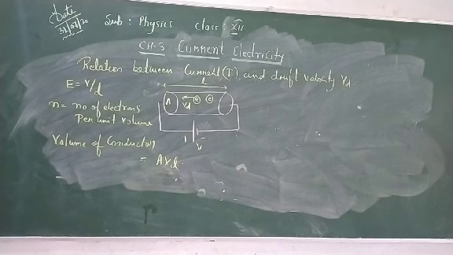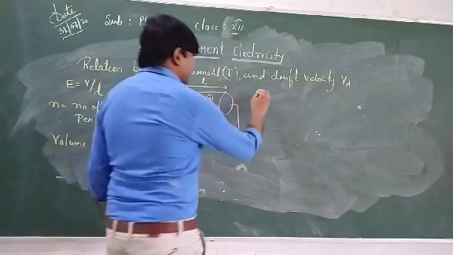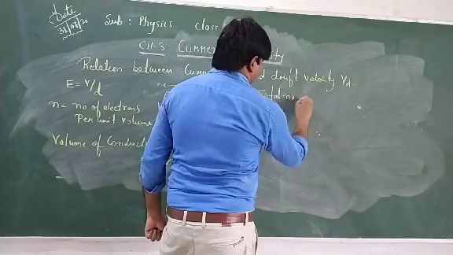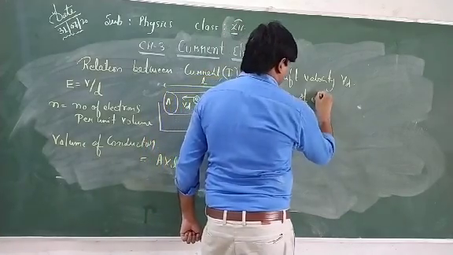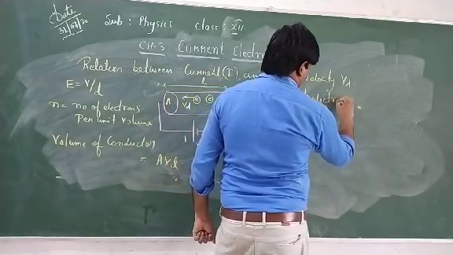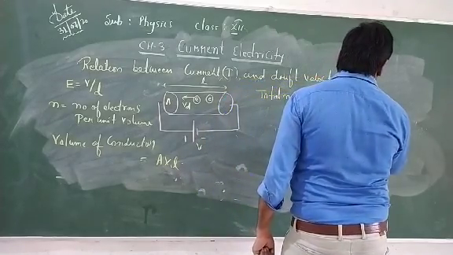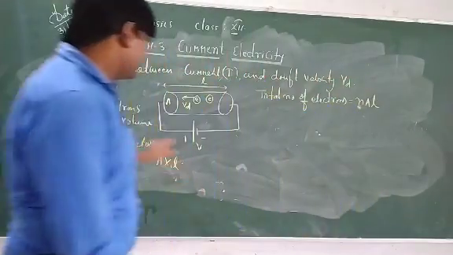Now N is the number of electrons per unit volume. So what will be the total number of electrons? It is volume multiplied by the number of electrons per unit volume. Right? This is the total number of electrons.